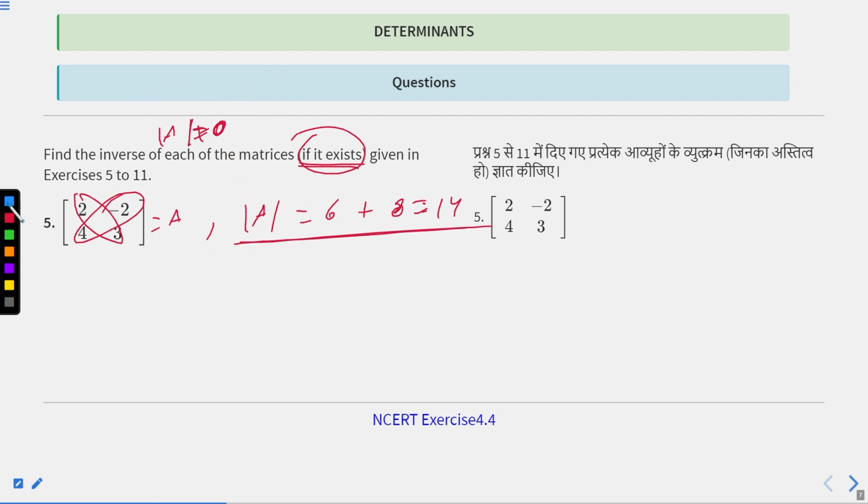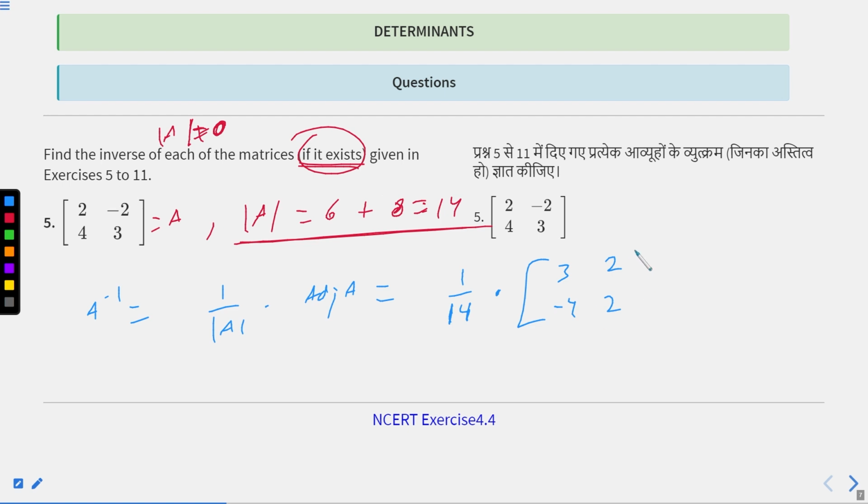Now we will find the inverse. So A inverse will be 1 by determinant of A multiplied with adjoint of A. The determinant of A is just 14, so 1 by 14. The adjoint of A you can directly know: just interchange the entries of the main diagonal, so 3, 2, and put a minus sign on the remaining ones, like this.